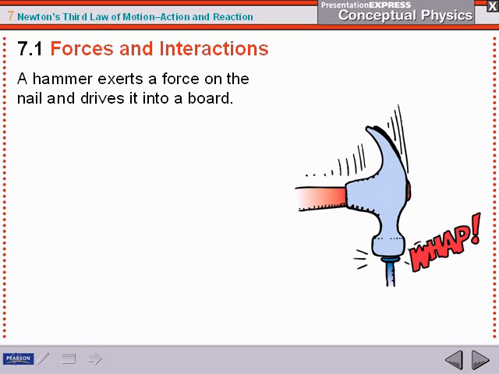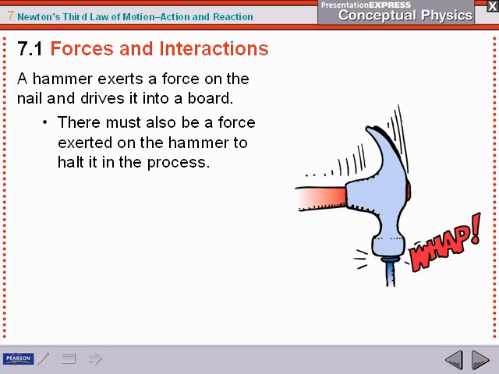Let's look at a hammer. Hammer hits the nail, and of course it drives the nail into the board. But when you think about it, the hammer stops, so there's got to be a backwards force on the hammer to halt it, to keep it from continuing to go.